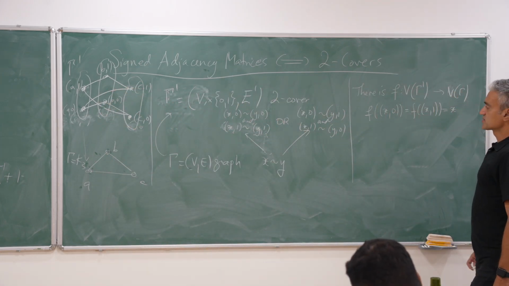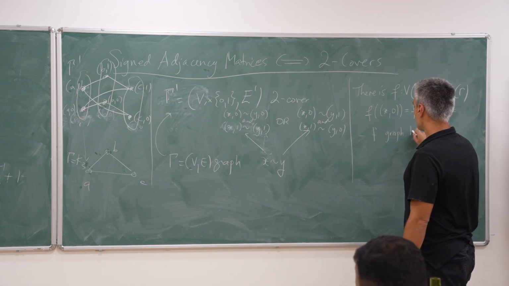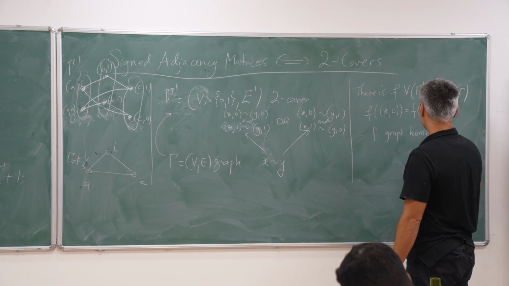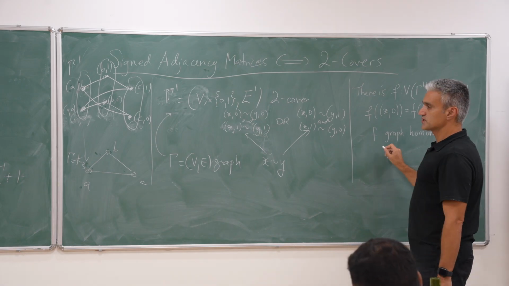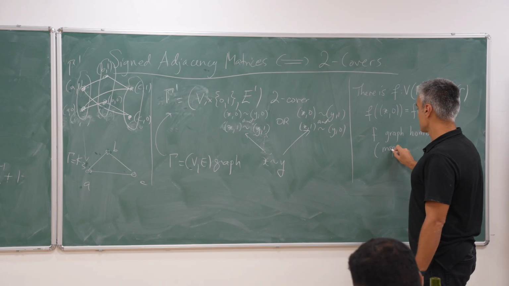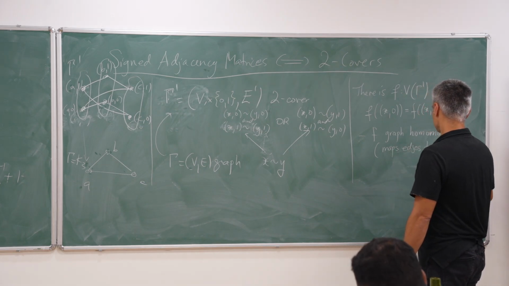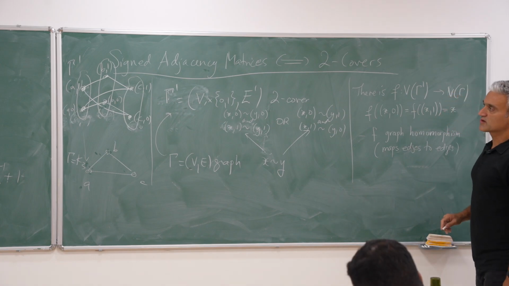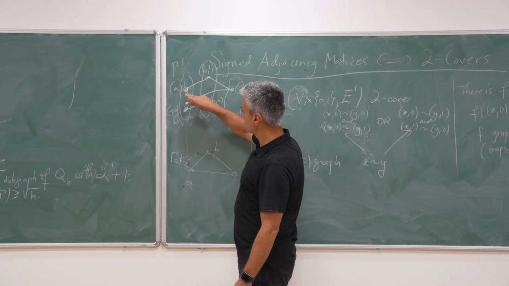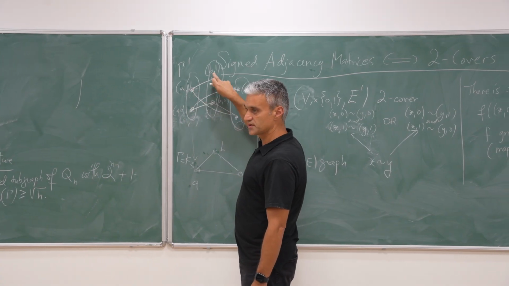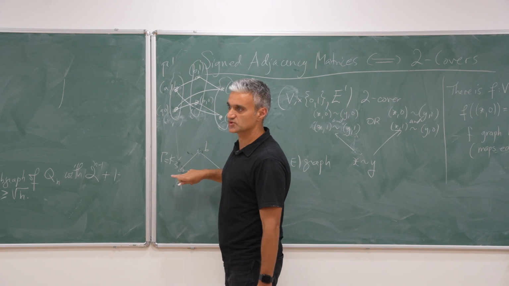And what is this function? f is a graph homomorphism, which is something I haven't defined, but it means that it maps edges to edges. In our graph, if A1 is adjacent to B1, A1 goes to A, B1 goes to B, and there's also an edge there.